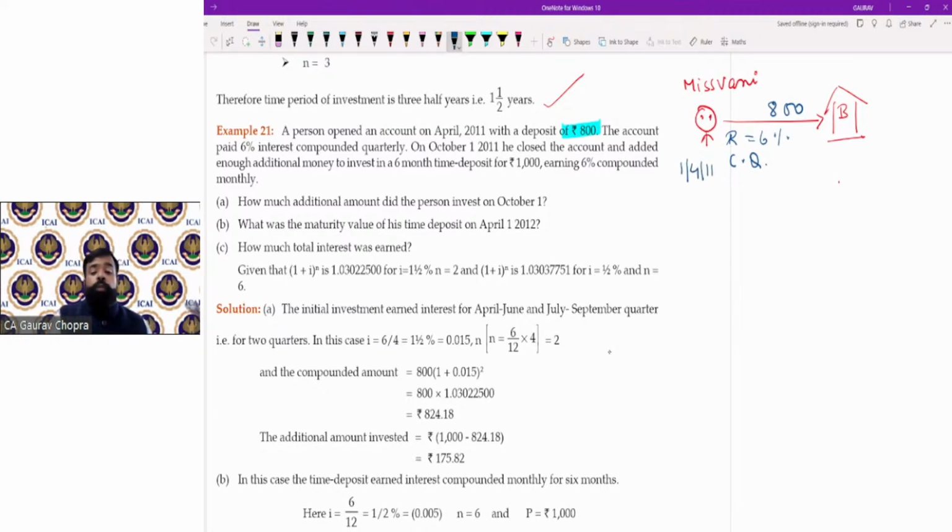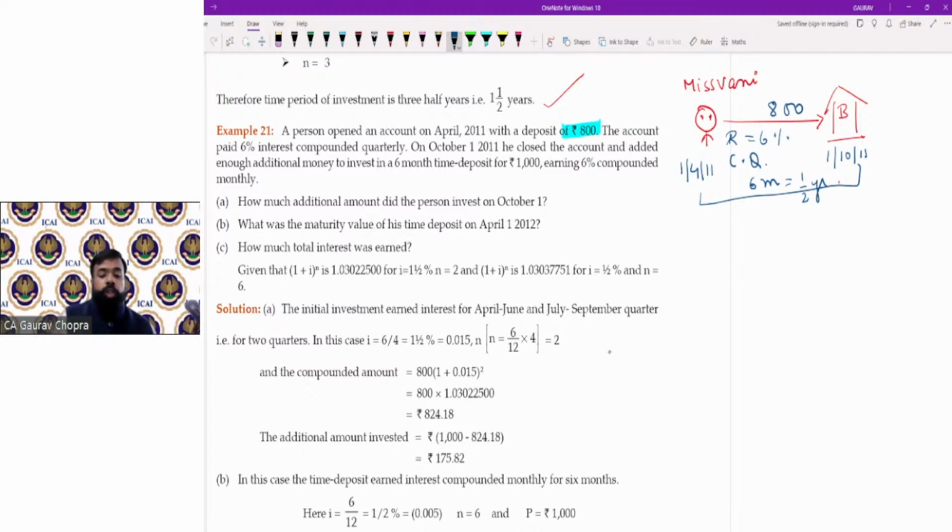On 1st October 2011, she closed the account, on 1/10/2011. So what is the duration of this period? April to October, 1st October you have to count. So this duration is 6 months. 6 months means you can also write half year. The duration is half year.